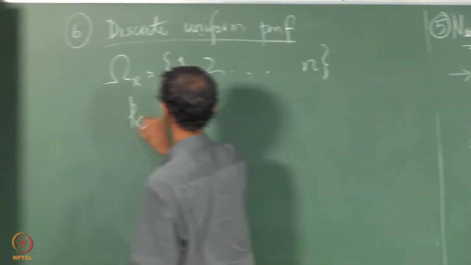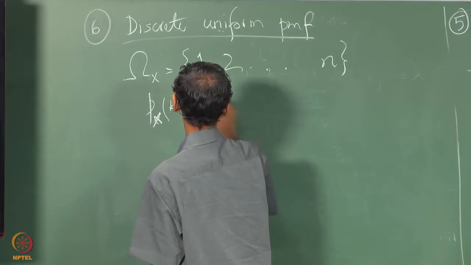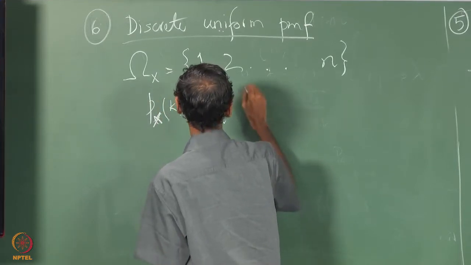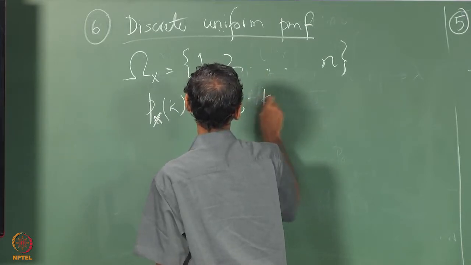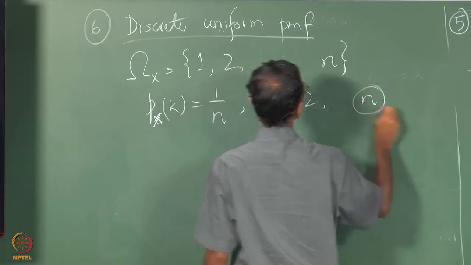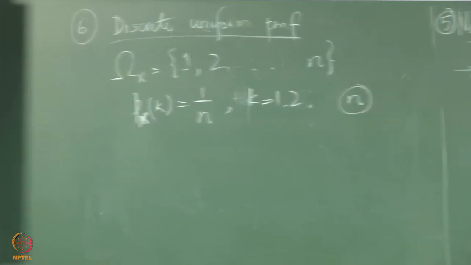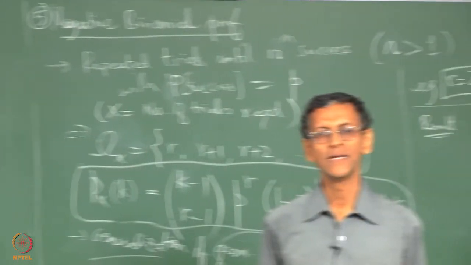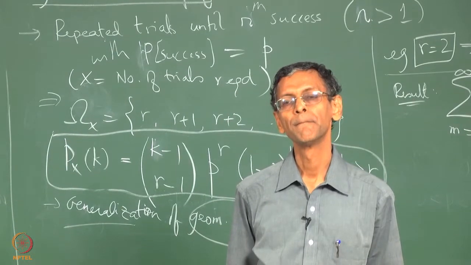The term uniform tells you that Px of k is exactly 1 by n for all k, let me say k equal to 1, 2 up to n. N has to be finite. This model cannot be applied to any situation where n grows without bound.